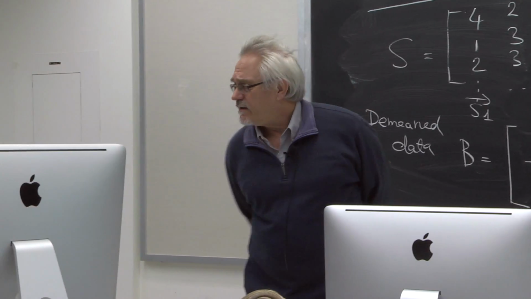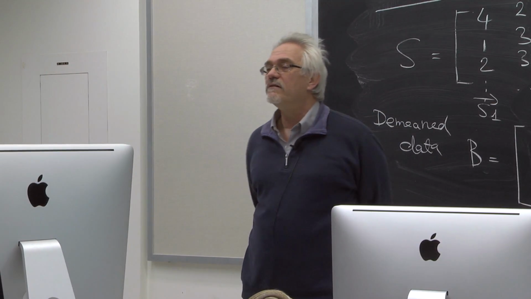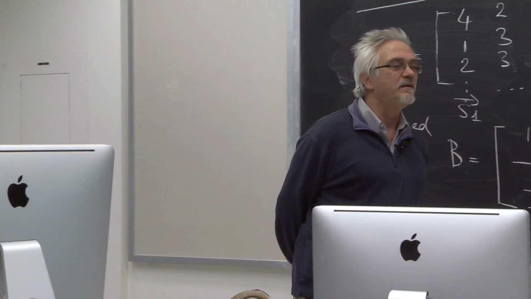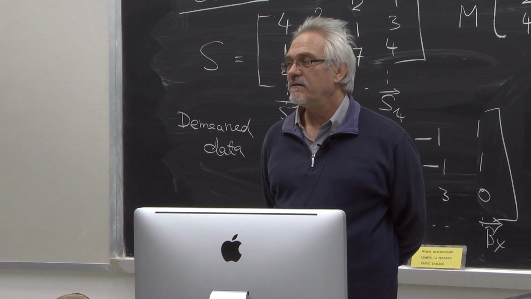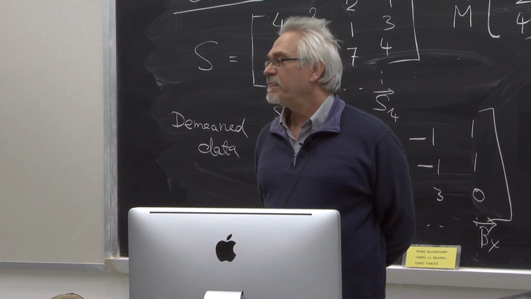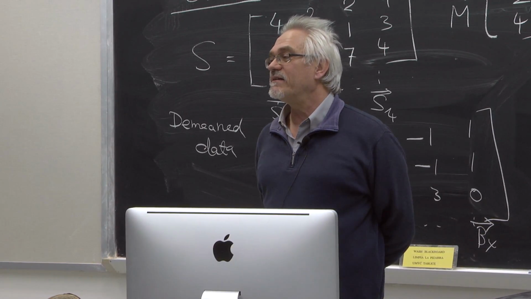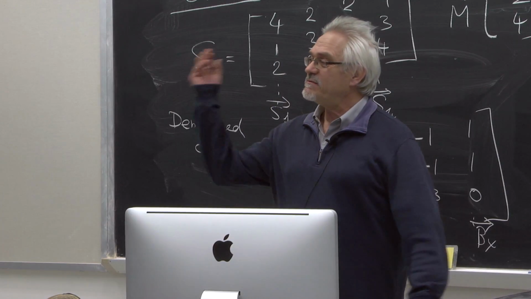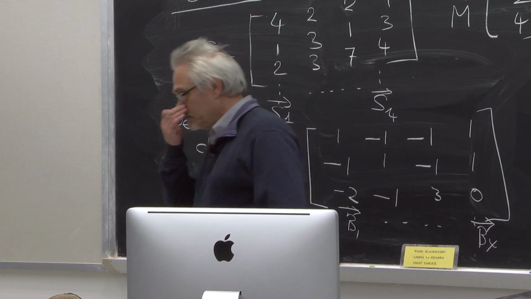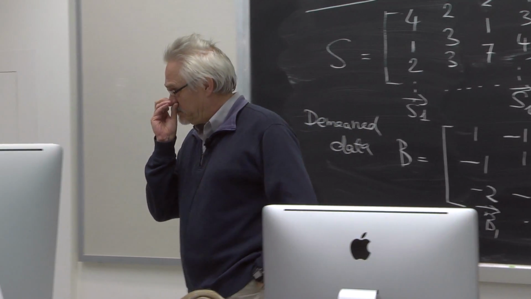What else is noteworthy here in this matrix? I already told you in the beginning that it would be symmetric, and you see indeed it is symmetric. So why is it symmetric? Are you surprised?